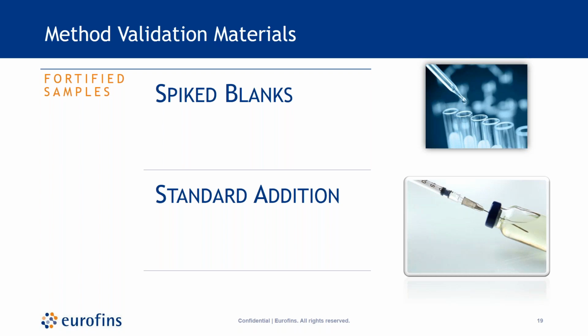This is really a critical piece to the accuracy and precision parts of the study. You need to have spiked blanks. Well, sometimes it's not possible to get a complete matrix blank. So at that point, you need to do standard additions and see how the response is when compared to the incumbent product.